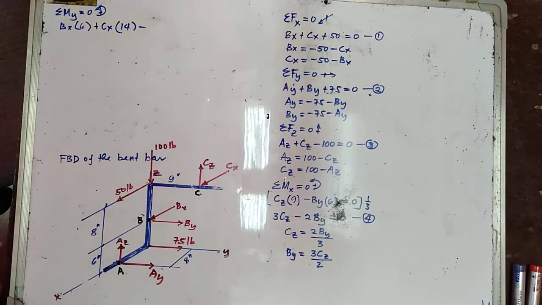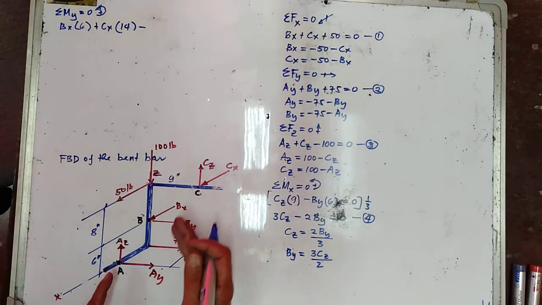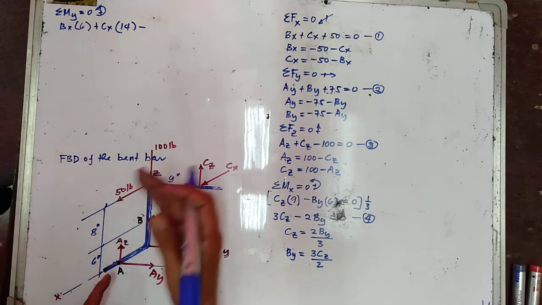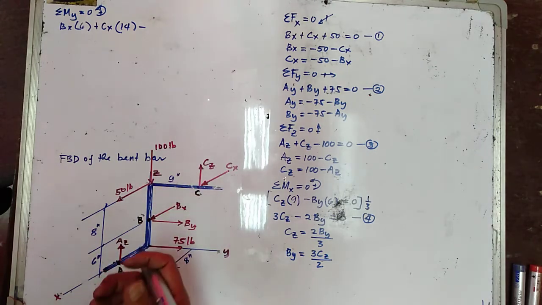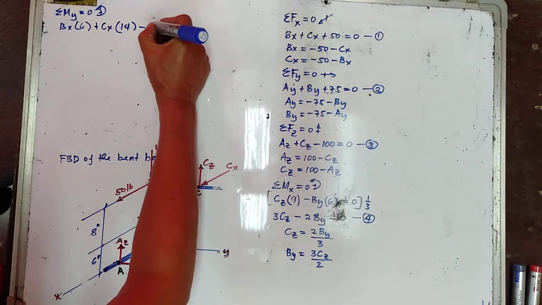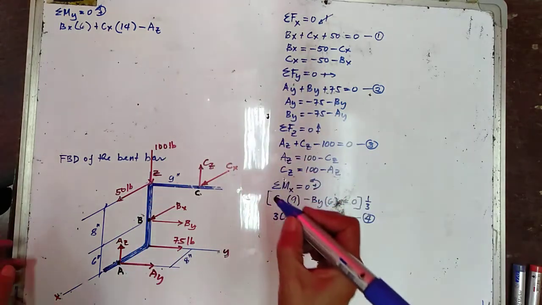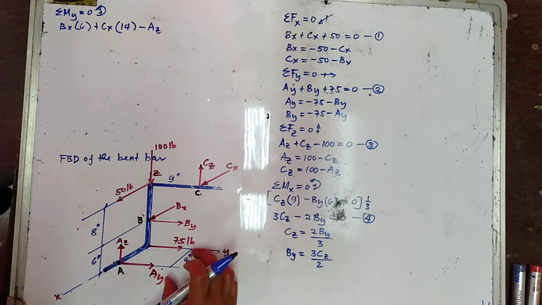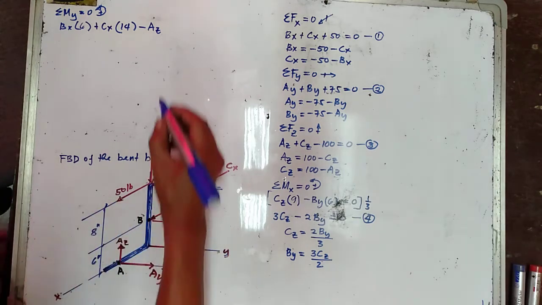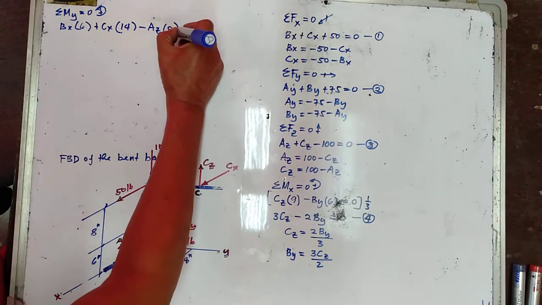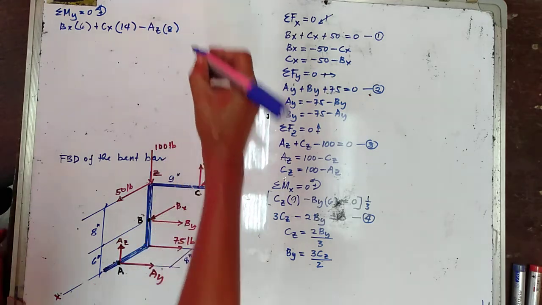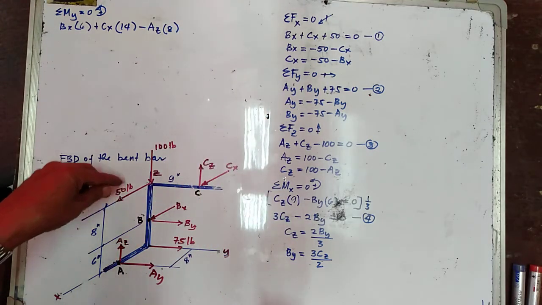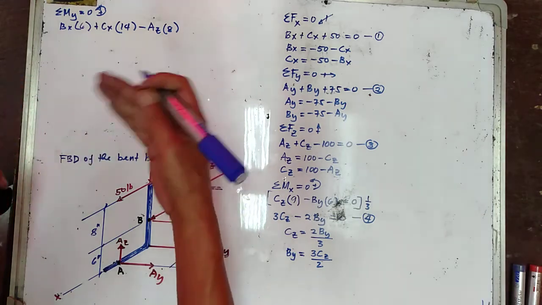Minus your AZ is going clockwise about the y-axis. So minus AZ, multiply this one by 8 inches. Okay, so we have your 50 has moment about the y-axis.